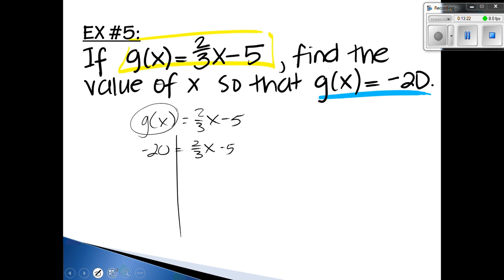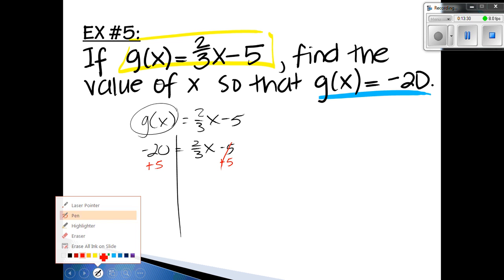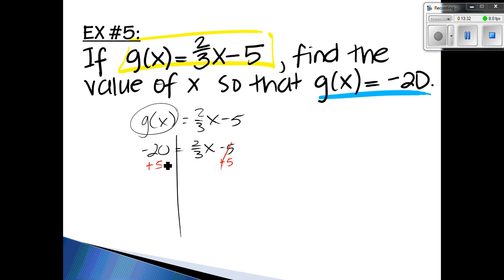Okay, let's go ahead and solve. If I'm solving for x, the first thing we need to do is add 5 to both sides. Negative 20 plus 5 is negative 15. So negative 15 equals 2/3 x.